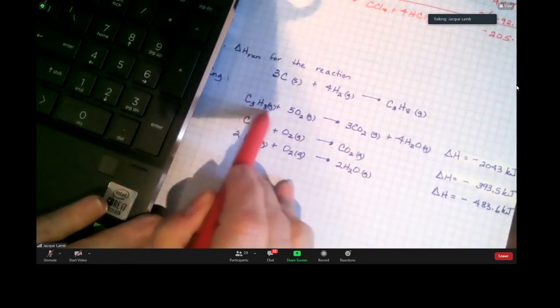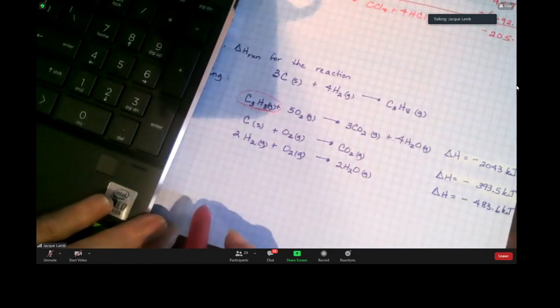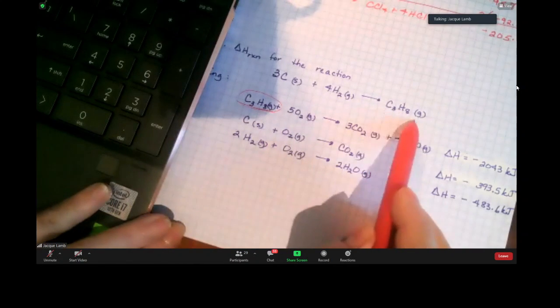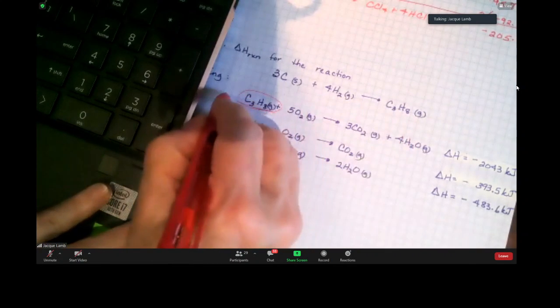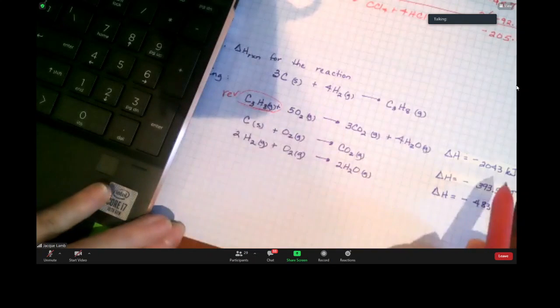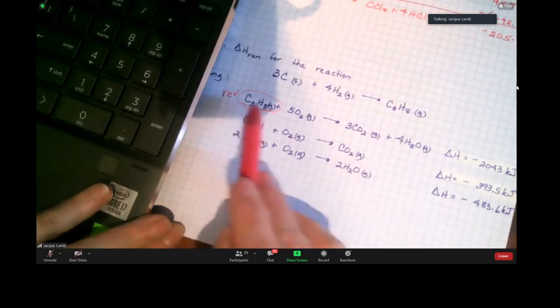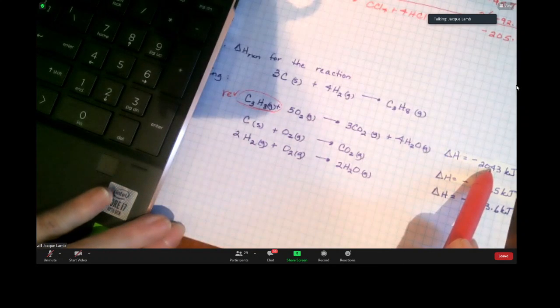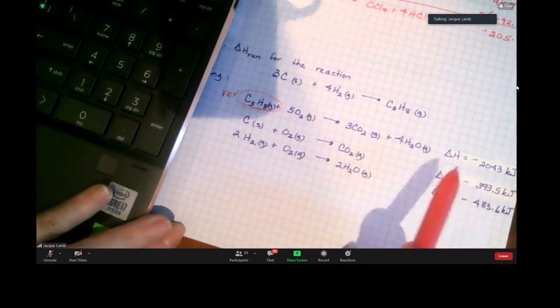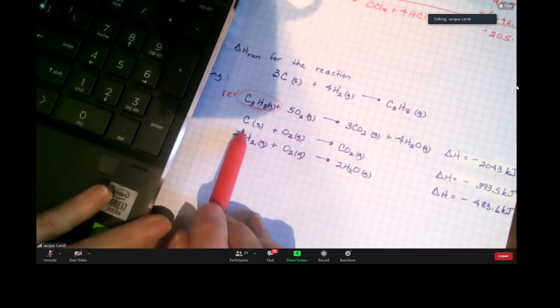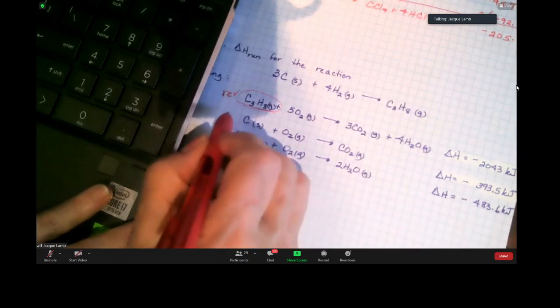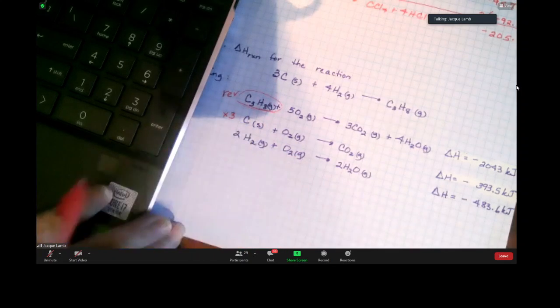Your propane is a reactant, and you want it as a product, so you're going to have to reverse this one and leave it as is. You don't have to multiply it by anything, but you have to reverse it, which means you change the sign for this. You then need 3 carbons, so you're going to have to multiply this one by 3.